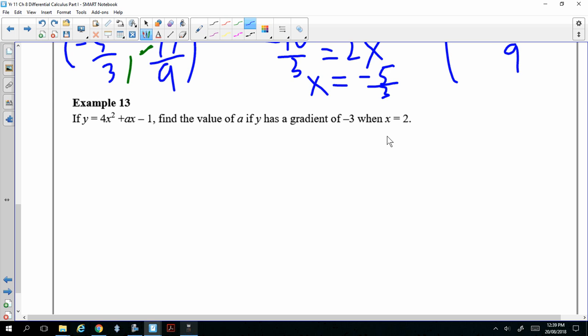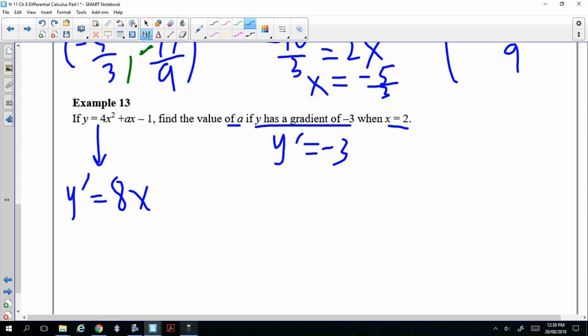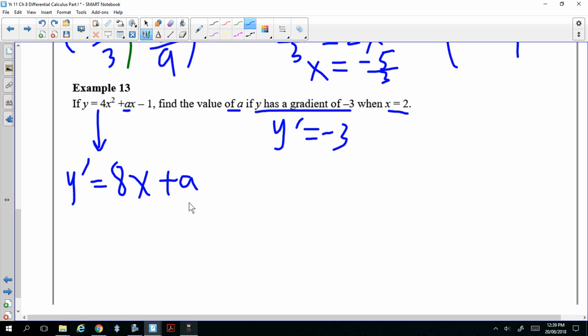So that means y dash is negative 3. Let's find y dash. y dash equals 4 times 2 is 8x. A is a number, so write plus a. So when you substitute x equal to 2 in here, y dash is negative 3. So you get a plus 16 is negative 3, a equals negative 19.